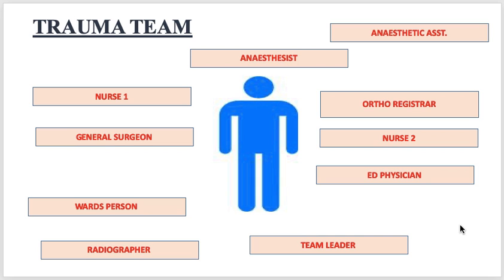Of course, the trauma team is not one or two persons, it's a group. It's a combination of specialities and skills, all put together and working together to deal with emergency patients.